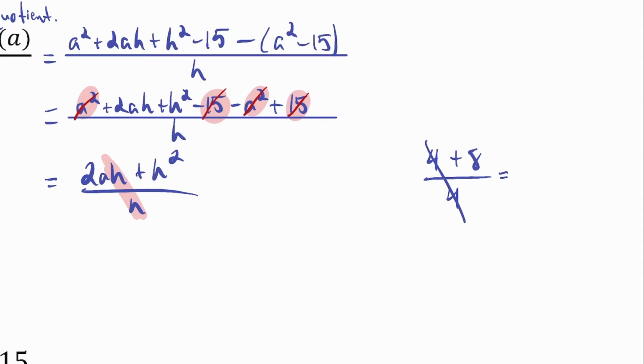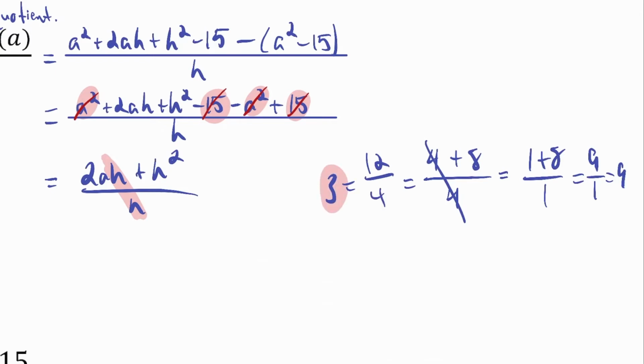Then what do I have? Do I have 8 over 1? Does this become a 1 and this becomes a 0? Or is it 1 plus 8 over 1? Is that it? So this is 9, right? 9 over 1 is 9, but 8 plus 4 is 12 over 4. That's 3. And 3 and 9 are definitely not equal.